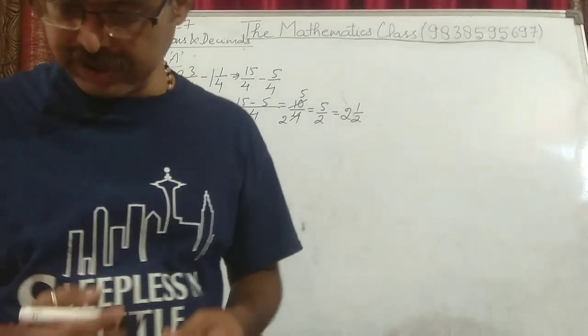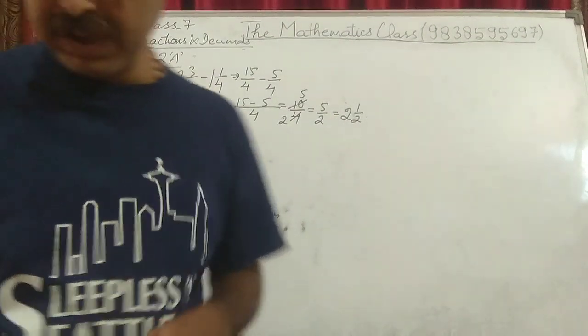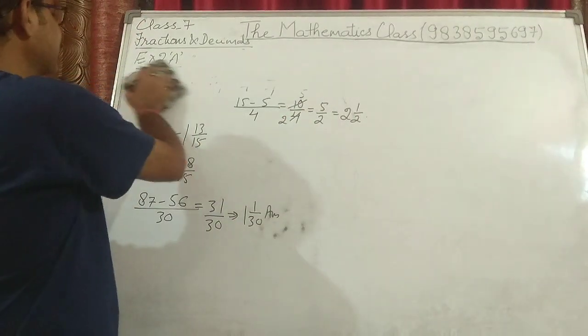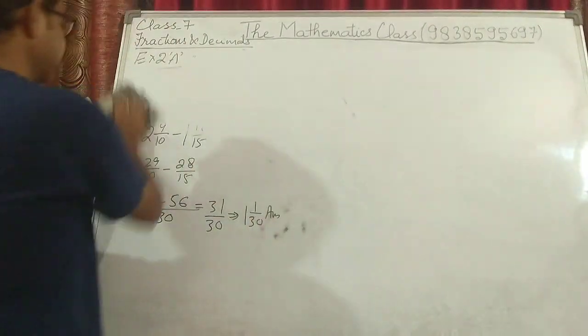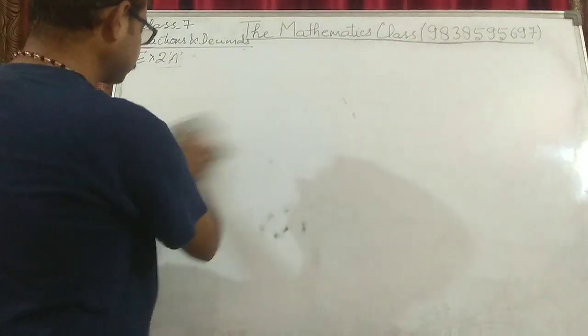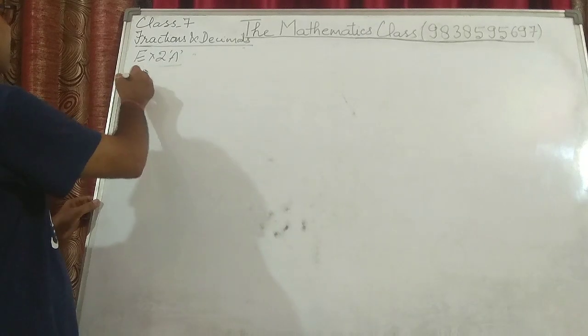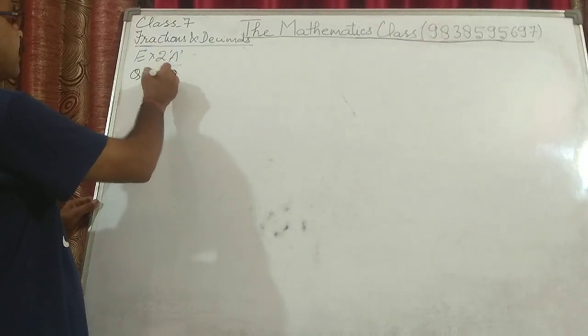Now we move on to the next question, that is simplify. So for the third question, we will be taking the last part, which has a lot of calculation. Now question number 3, fourth part.